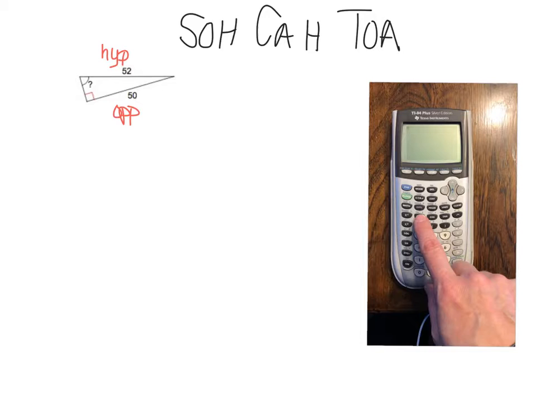And so I'm going to do the sine of the angle, and we're going to call that angle whatever variable you'd like. I'm just going to put the question mark because that's what's there. So sine of this question mark is going to be equal to the opposite over the hypotenuse. And my opposite is 50, and my hypotenuse is 52.